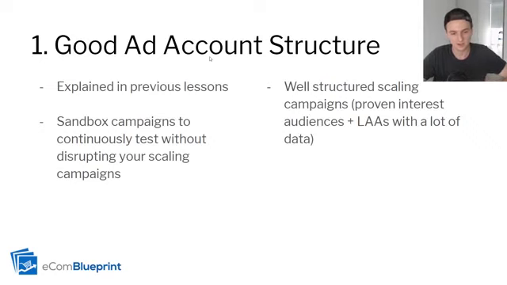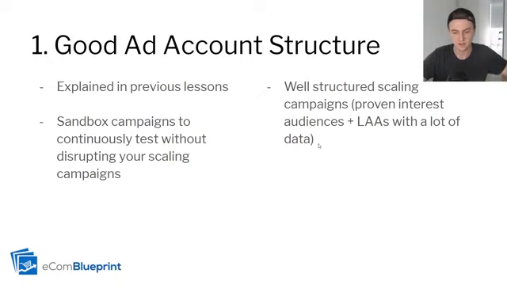So number 1 is good ad account structure. I've explained this in previous lessons and just the lesson before. At the end of the last lesson, I showed you how the ad account structure looks with a diagram, right? Essentially this is just sandbox campaigns so that you can continuously test without disrupting your scaling campaigns. That's why sandbox campaigns are useful: you can keep testing things on the side without messing with your real campaigns.